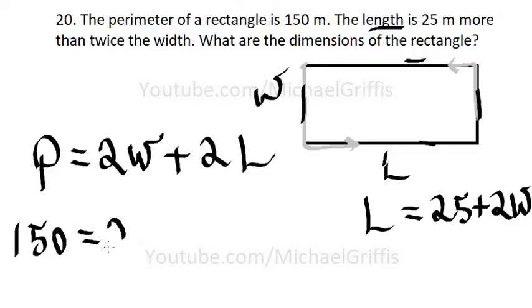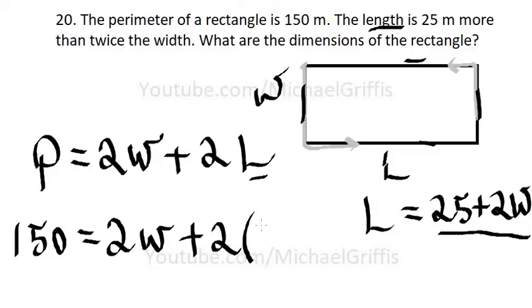We're going to get this all in terms of W and then solve for W in this equation. And L, we'll replace this L here with our relationship 25 plus 2W.